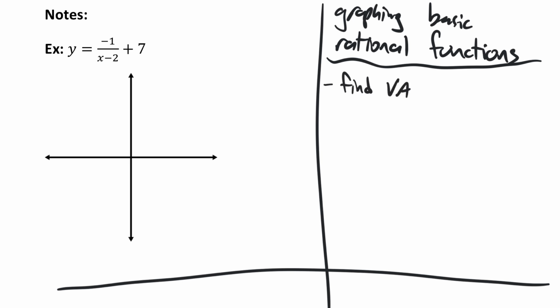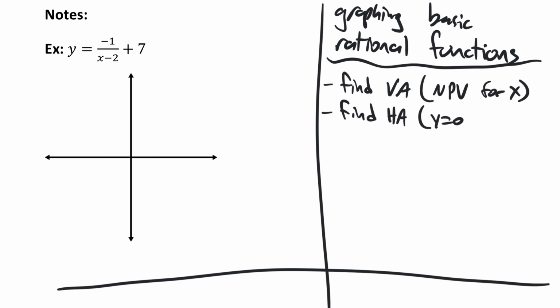Find the vertical asymptote, and that'll be the non-permissible value for x. Find the horizontal asymptote, that'll be y equals 0, and then apply any vertical translation.